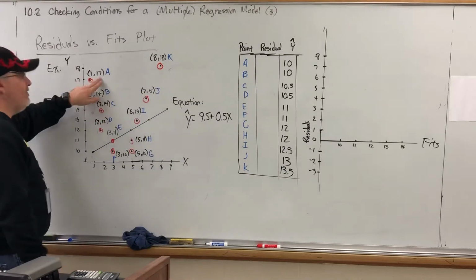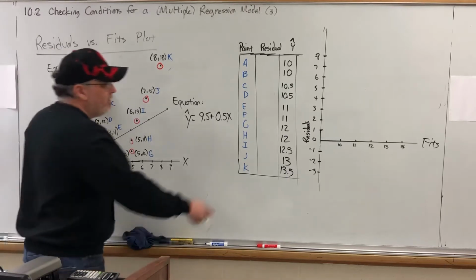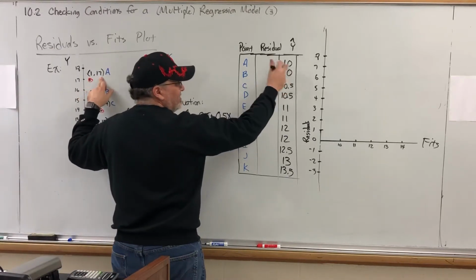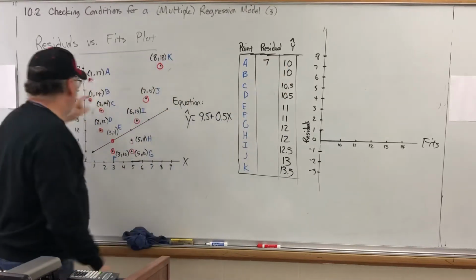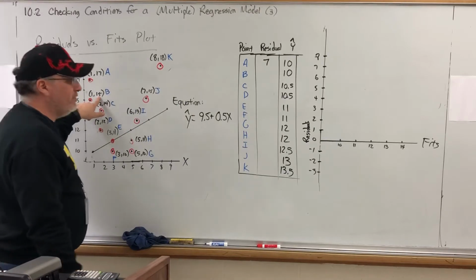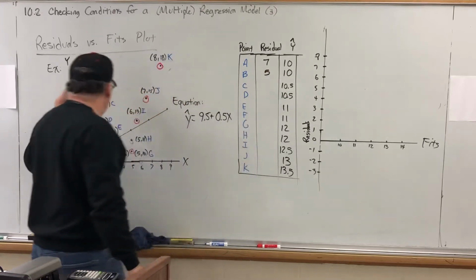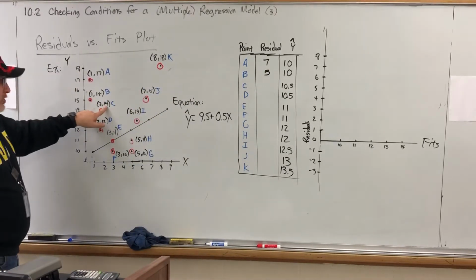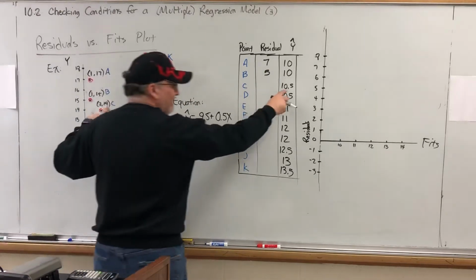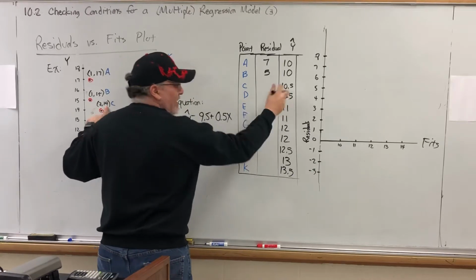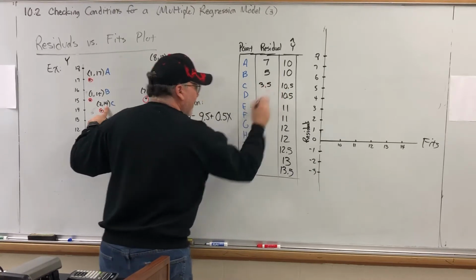So the observed y value on point A is 17, but we predicted 10. 17 minus 10 is 7. For point B, we observed 15, but predicted 10. 15 minus 10 is 5. For point C, we observed 14, but predicted 10.5. 14 minus 10.5 is 3.5.